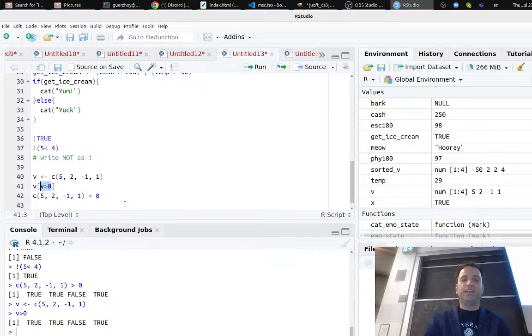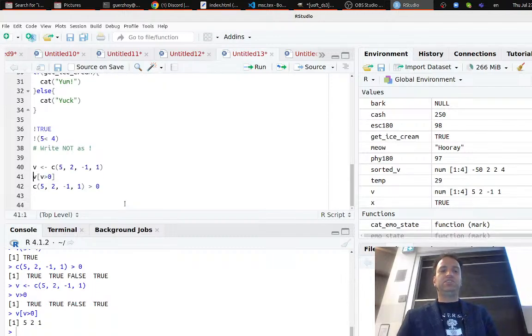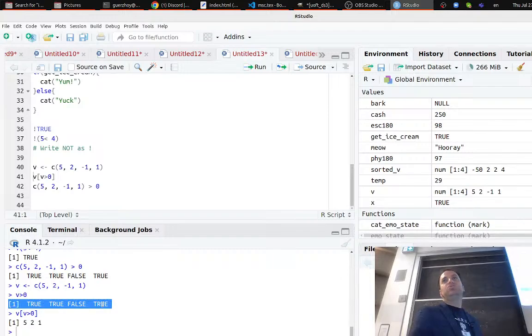If you give R the vector and then a bunch of truths and falses, R is going to select the stuff that corresponds to truths and omit the stuff that corresponds to falses. So v at v greater than 0 is going to be 5, 2, 1. The 5 got selected, the 2 got selected, the minus 1 did not get selected because it corresponded to false, and the 1 got selected because it corresponded to true.